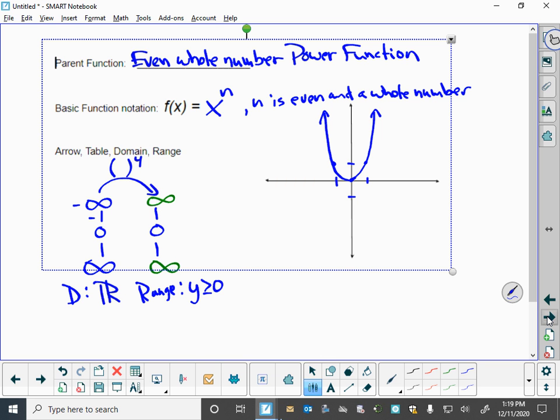The shape of a degree 4 is sometimes called a quartic parabola. If it's x squared, it's a parabola. Anything else is not technically a parabola, but it looks very much the same. As the powers get bigger, the sides get steeper, and the bottom gets flatter. So maybe not as well represented on the bottom there as it was meant to be.